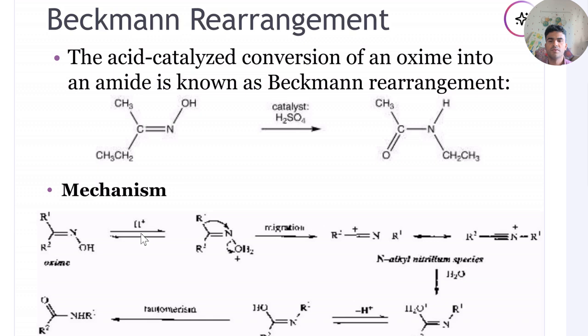The mechanism is that it will be protonated and convert into a good leaving group. After that, the group which is trans to the OH group will migrate to the nitrogen, and an N-alkyl nitrilium species will be formed, which will be stabilized by its structure. Then H2O will attack, and the corresponding amide will be formed through a tautomerization reaction.